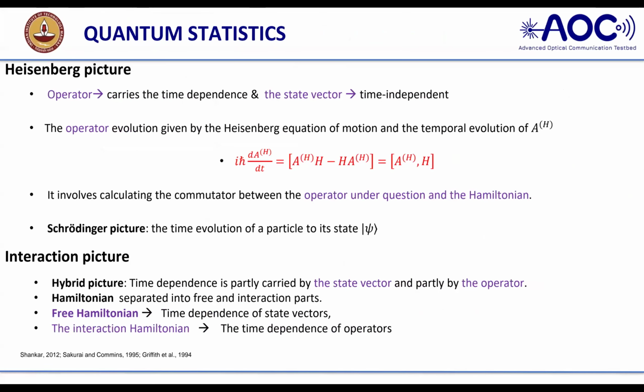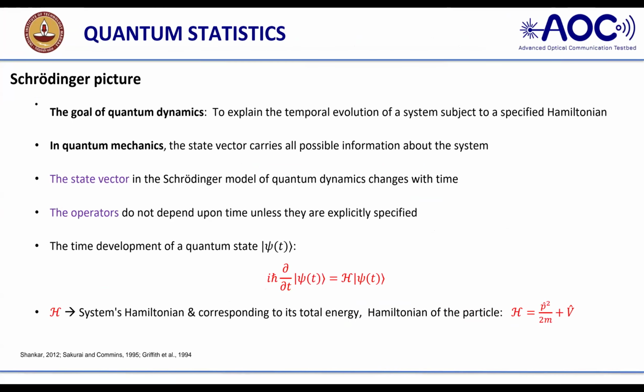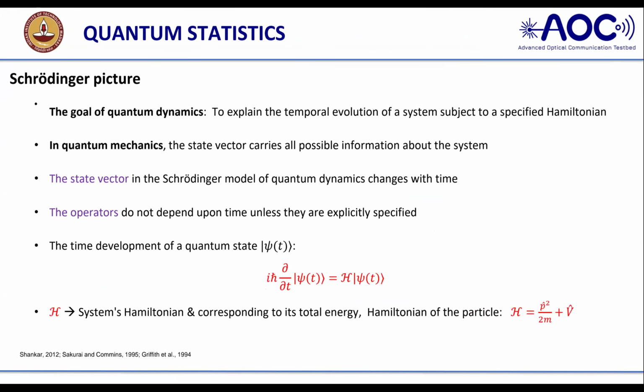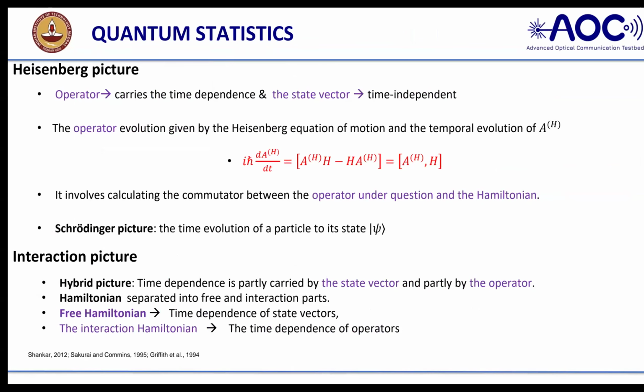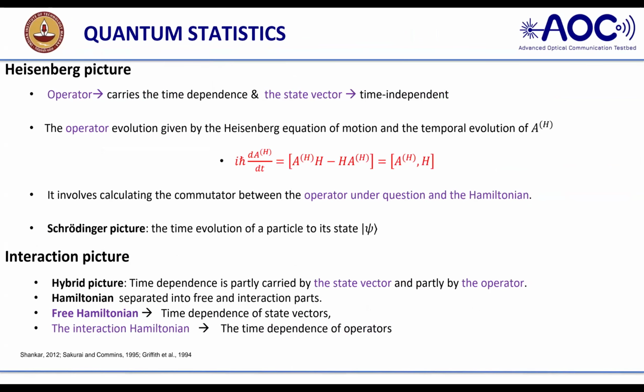Then another picture is very useful for our quantum optical link to solve the problem. That is the Heisenberg picture. Here the information is not in the state, you don't have any information there, but the information is present in the H. So that's why it says that the operator carries the time dependence while the state vectors are time independent.